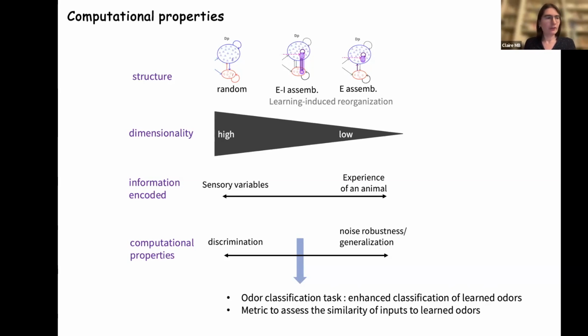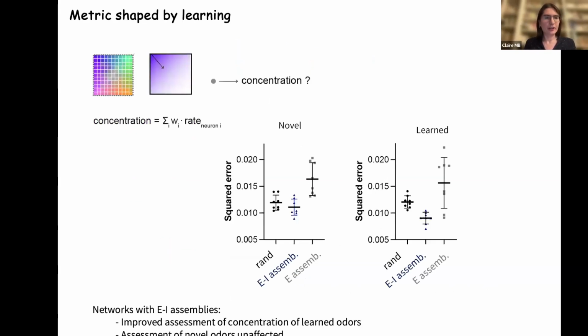So I will give you a very, very quick illustration of this. What we did is to regress the concentration of the odor against the neuronal activity, because in this virtual square, we have four corner odors and then mixtures, which means that we have different concentrations of the corner odors within the square.